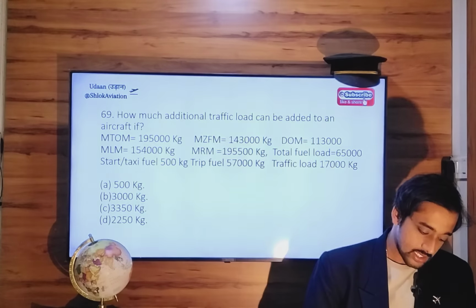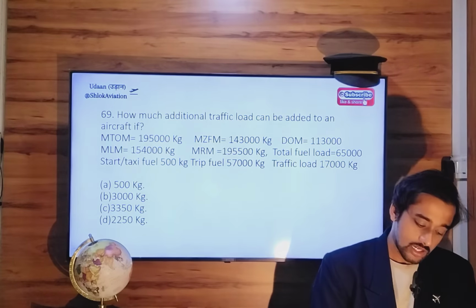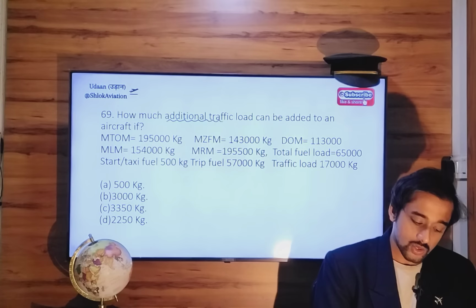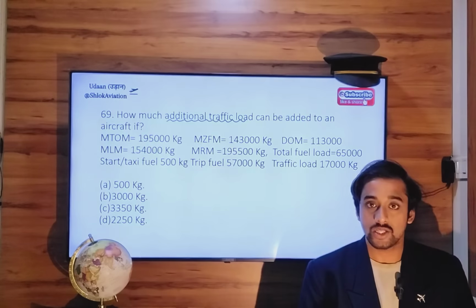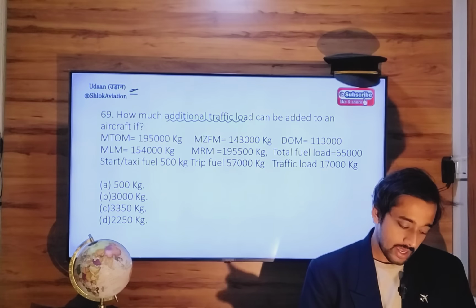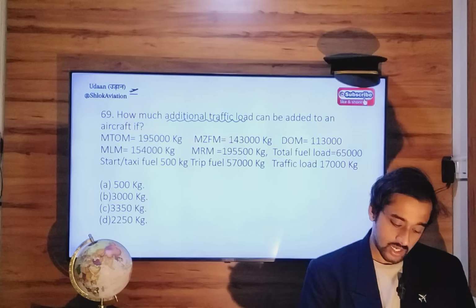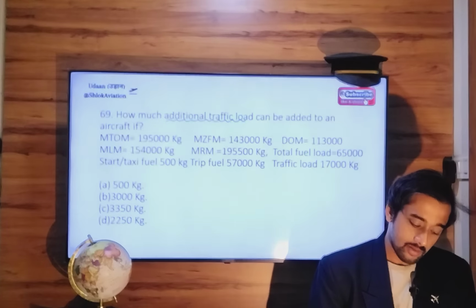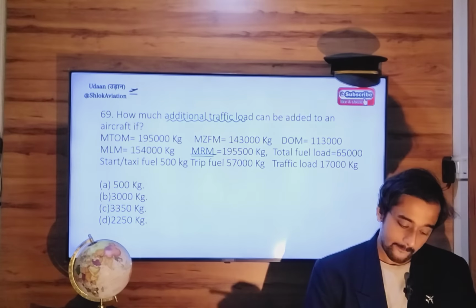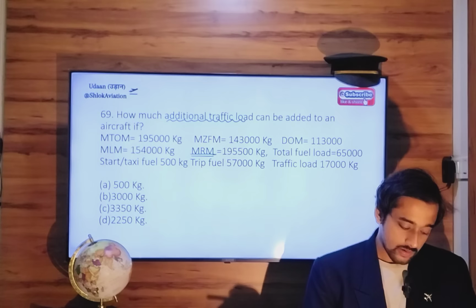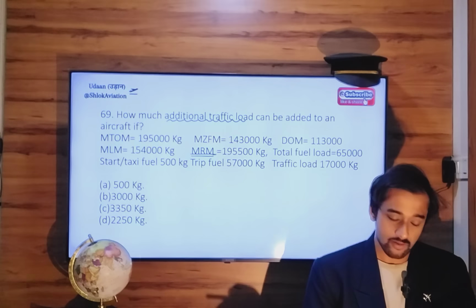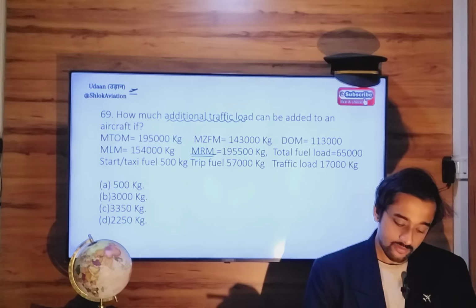Next, question 69. How much additional traffic load, that is load on top of the original traffic load, can be added? The takeoff mass, zero fuel mass, landing mass and maximum ramp mass are given, along with total fuel load, start and taxi fuel, trip fuel and traffic load.